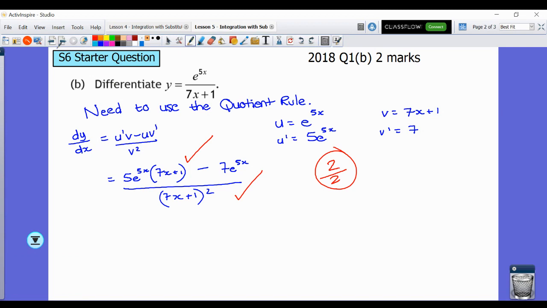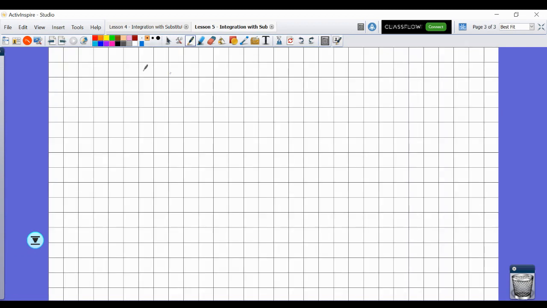Okay, now can you take your notes jotter? We're taking a new heading today. Okay, so your heading is going to be definite integrals with substitution.